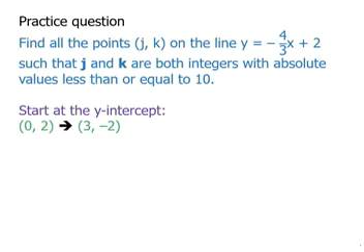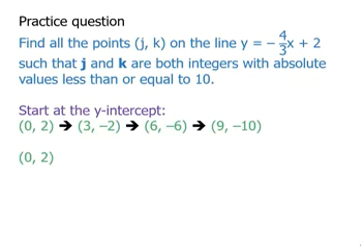If we go right 3, down 4 again, we'll get to 6, and then down 4 more, down to -6. Right 3, down 4 again, we'll get to 9 and -10. So we have to stop there because we've reached an absolute value of 10. But all of those points work.